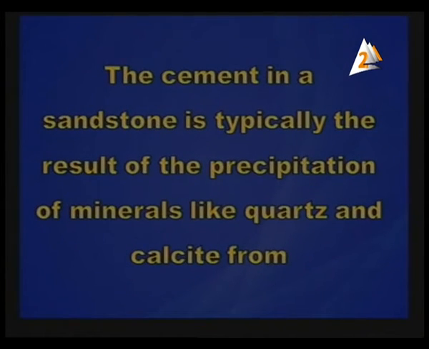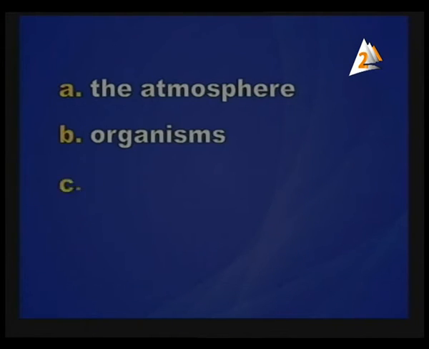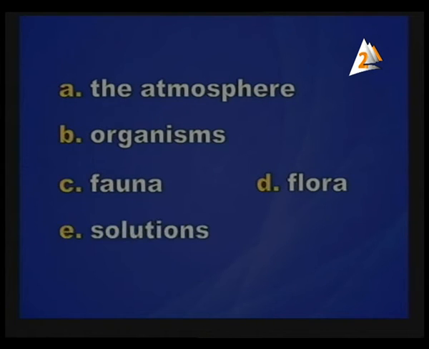The cement in a sandstone is typically the result of precipitation of minerals like quartz and calcite. In which form does this cement come? It is coming from the atmosphere, organisms, fauna, flora, or solutions.